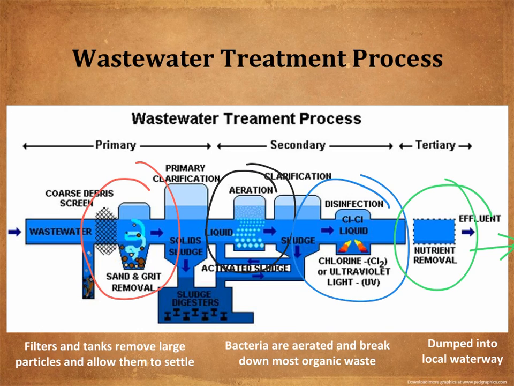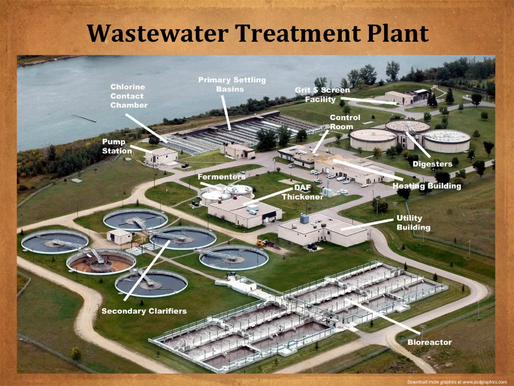So here you can see that this is an actual wastewater treatment plant, and you'll notice the first thing over here is that we have, and I can't remember the colors I used on the last slide, but oh well.